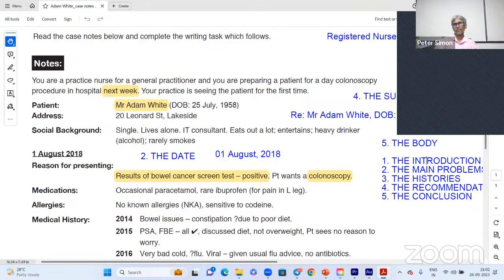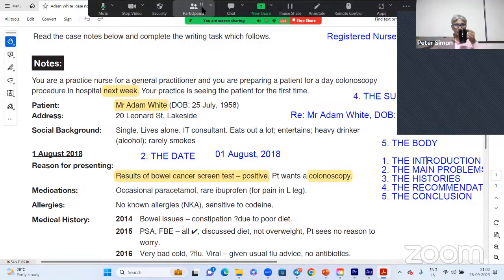Excessive alcohol consumption. Heavy drinker. Excessive alcohol consumption has been notified or reported. So excessive alcohol consumption has been notified. Yeah.